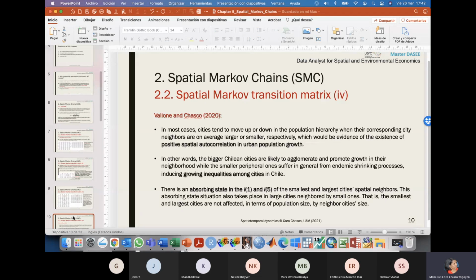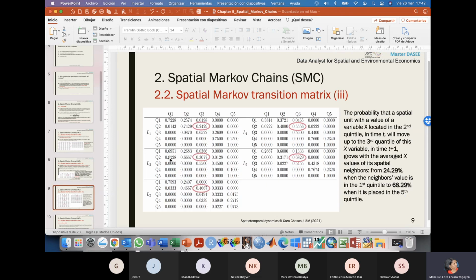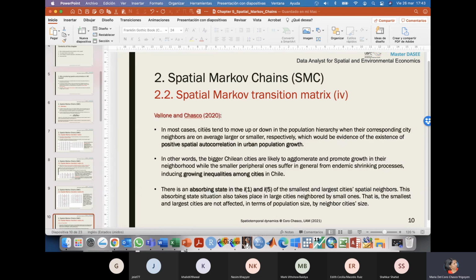Well, in our case, just to say more or less what I have said, since we were analyzing cities, so urban areas in Chile, what we could see from these results in the previous slide is that cities tend to move up or down in the population hierarchy where their corresponding city neighbors are on average larger or smaller.